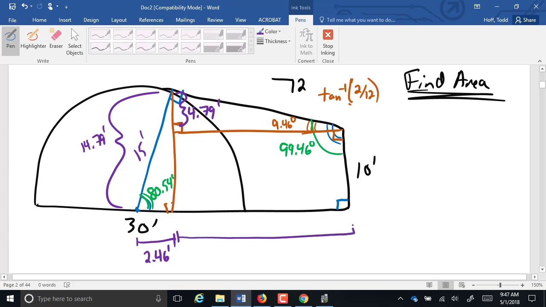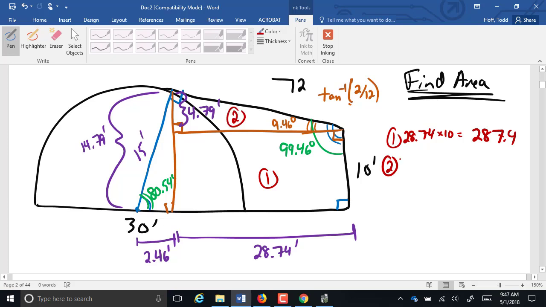What'd you get for this length here? 28.74. So now for our areas, we have a rectangle here, 28.74 by 10. So 287.4. That's square feet, but I don't have room for the units right now.